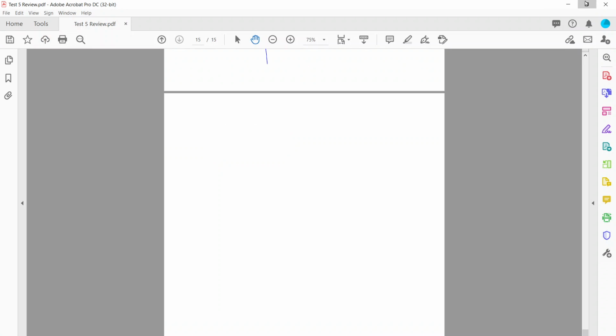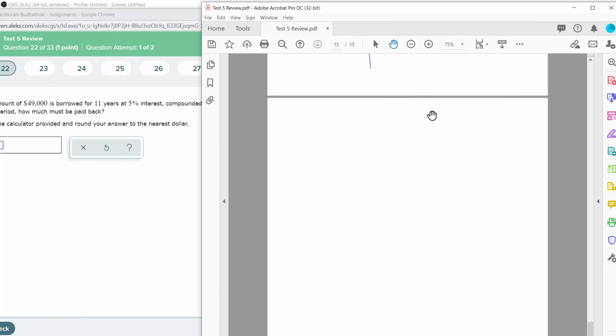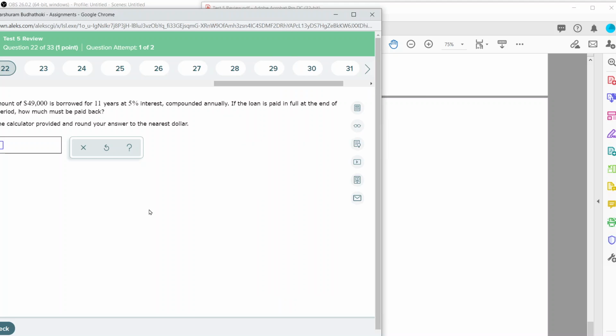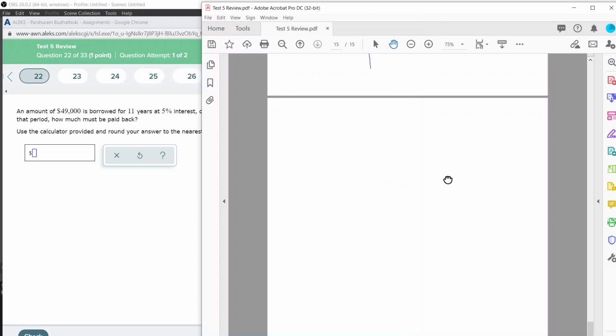It's compounded annually, so compound interest. So here you have to use the compound annually formula.